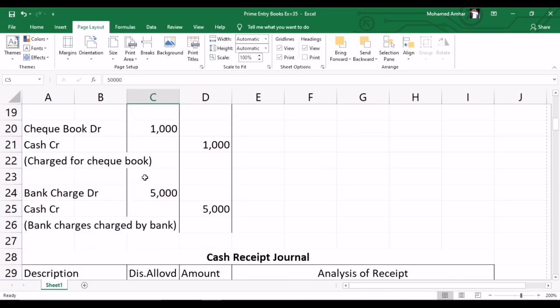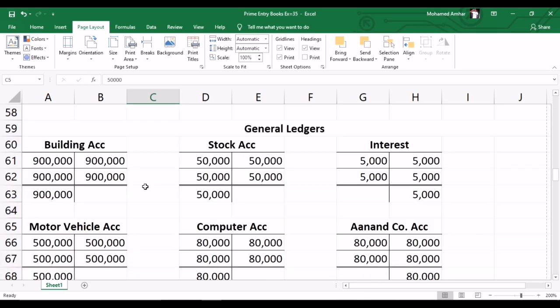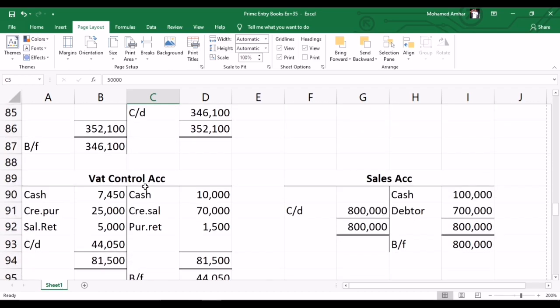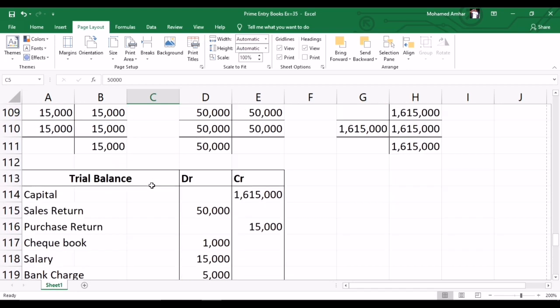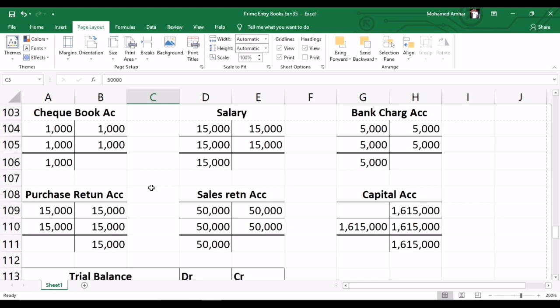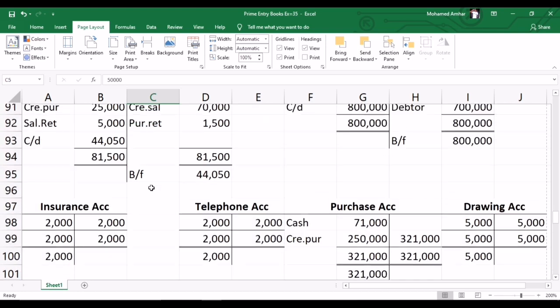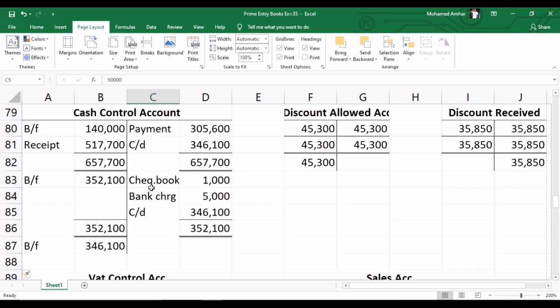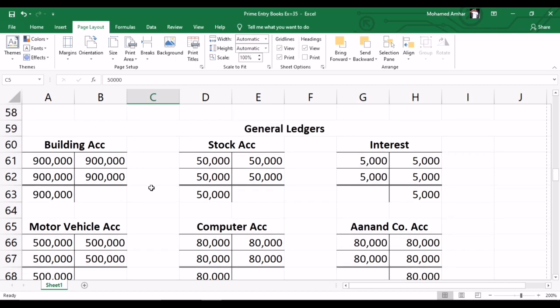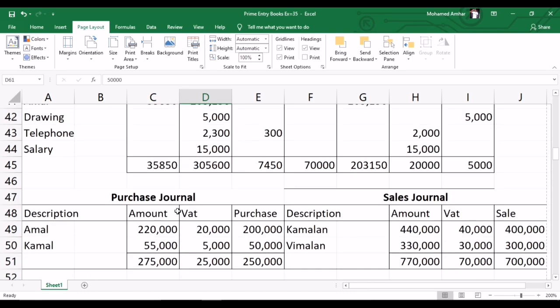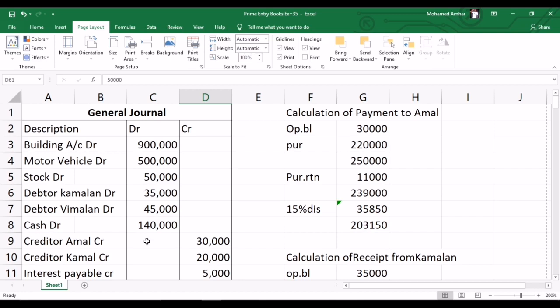Next, balance is stock 50,000. Open a stock account. Here stock account, here debit the amount 50,000, and then debtors.